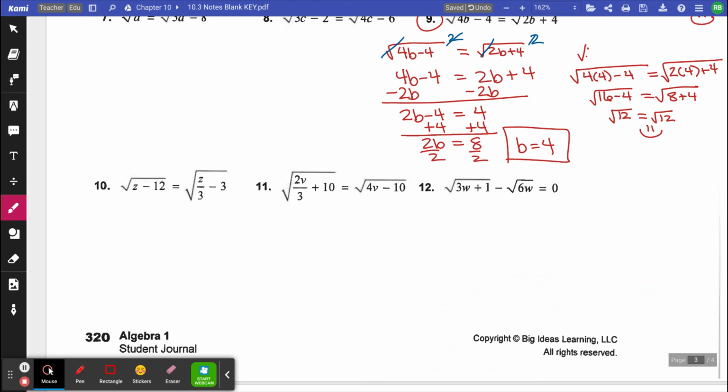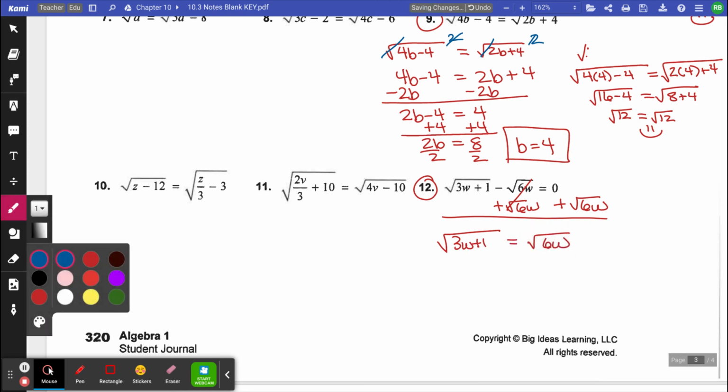If you ran into something like this, if you see, oh, there's 2 radicals on one side, well, let's get one of the radicals to the other side. And it cancels out on this side, and we have the square root of 3w plus 1 is equal to the square root of 6w. And then it's exactly like number 9, where you would square both sides.